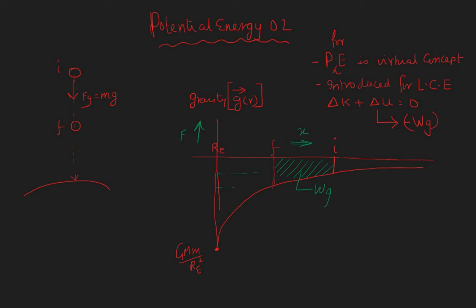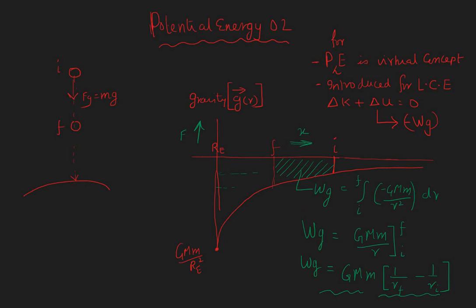The work done by gravity in moving from I to F is the integral from I to F of minus G Mm by R squared dr, and that amounts to G Mm by R from F to I, which is G Mm into 1 by Rf minus 1 by Ri. So this is the work done by gravity.